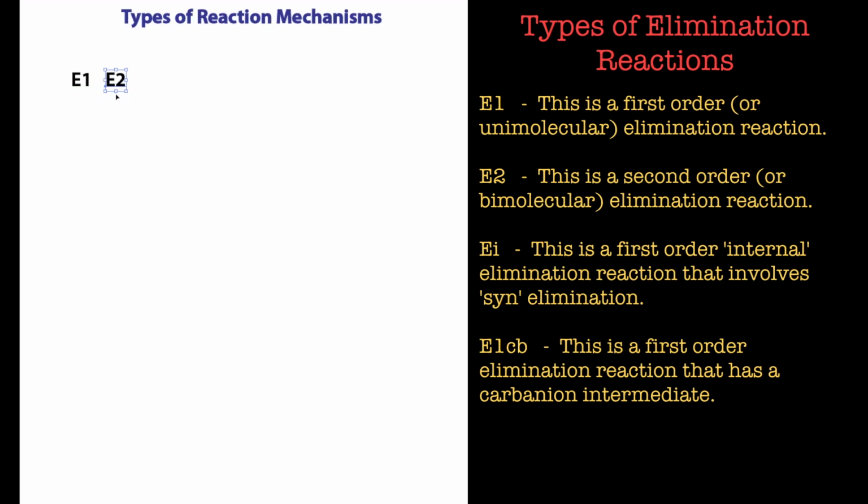elimination reactions now. So there are several types of elimination reactions. There's the E1 elimination reaction, there's the E2 elimination reaction, and I'm sure most of you have covered them before. There's the E1cB, or the conjugate base mechanism as well.